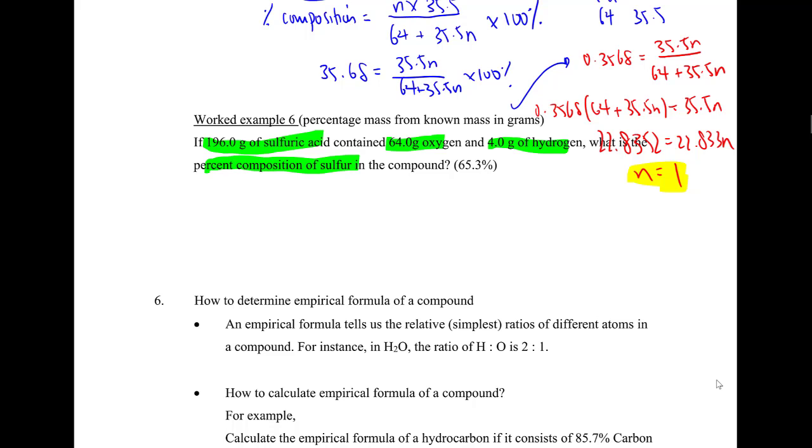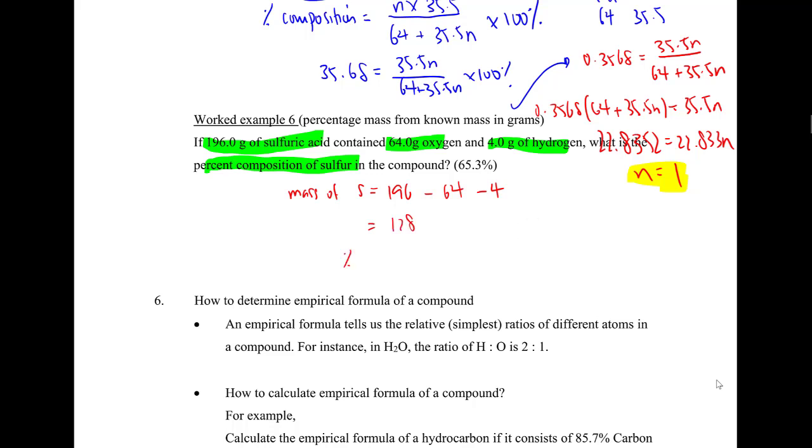If you know that the total mass is 196, then we can find the mass of sulfur first. So mass of sulfur: we're going to take 196, which is the total mass, minus away the mass of oxygen, minus away the mass of hydrogen. So 196 minus 64 minus 4. This gives you 128.